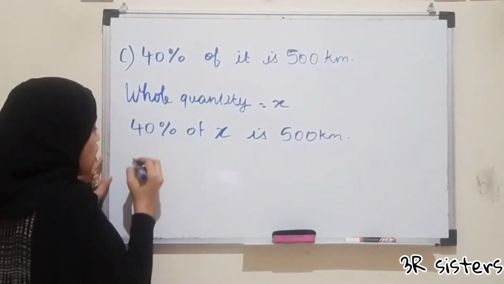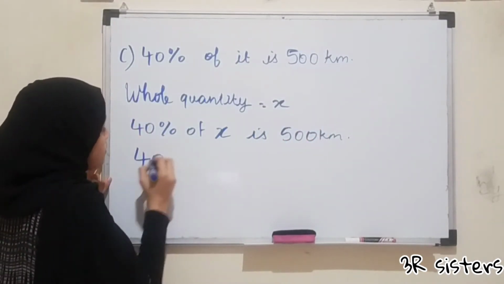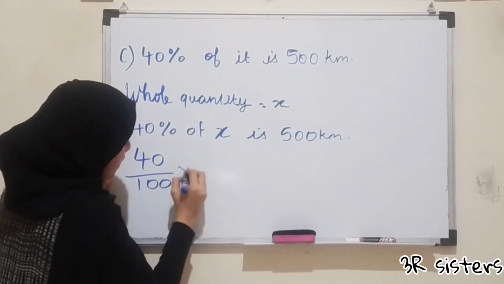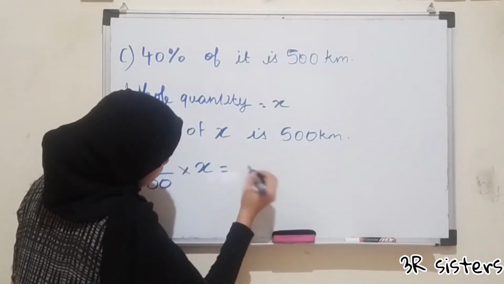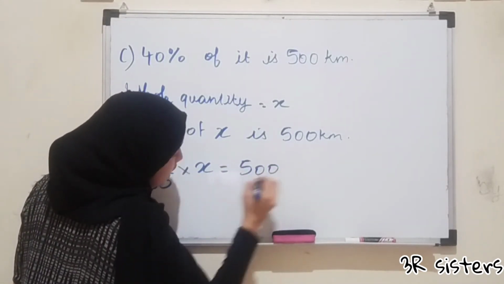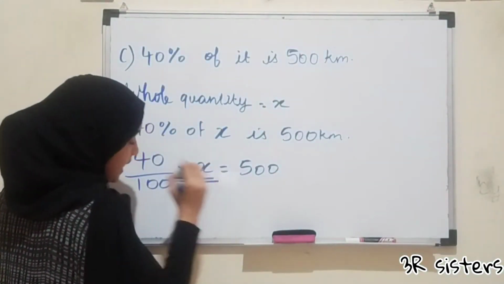Okay, now when we solve, the question will change as 40 by 100 into x is equal to 500. So we have to find nothing but this quantity for x.